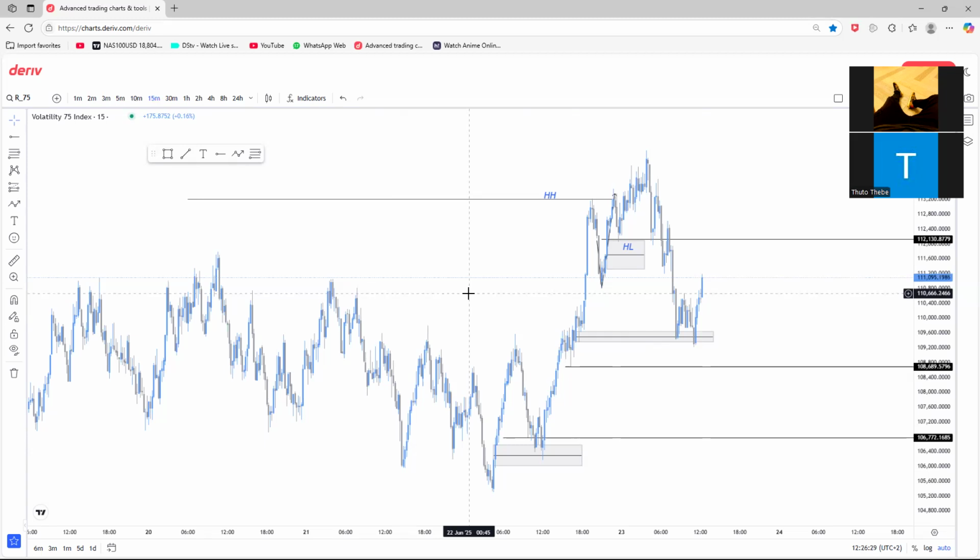Then you wait for it to get broken, or you show me where it gets broken, depending on whether the setup is yet to play or has already played out. If it has played out, you show me here's my high and low point. If it has not played out, you show me where I see my high and low point.